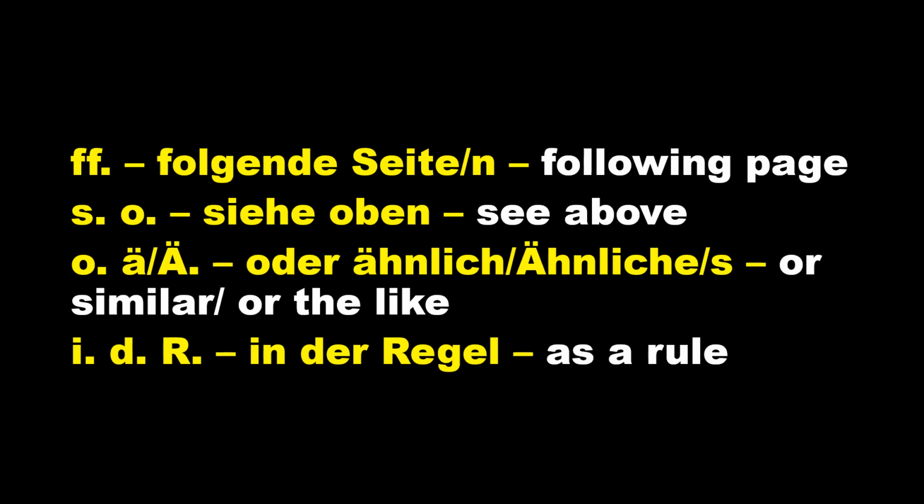The next one is OA or A, oder ähnlich, oder ähnlicher, oder ähnliches. All these three meanings come from these short forms. In English, we call it or similar, or the like. Next one here in the list is EDR, which stands for in der Regel, which means as a rule.